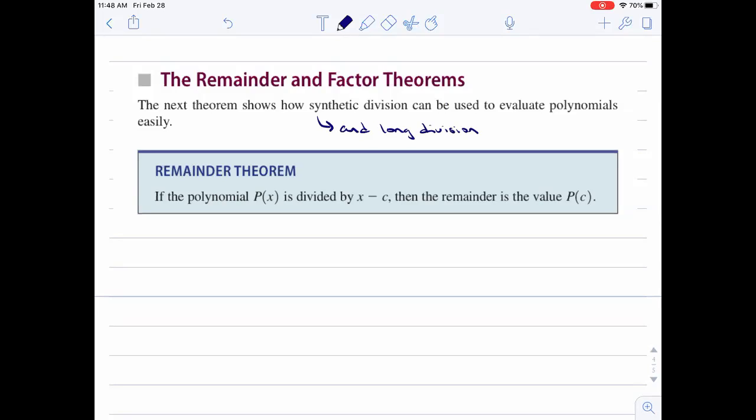Synthetic division was special to having the divisor of x minus c, where c is some constant. So the remainder theorem only talks about x minus c.